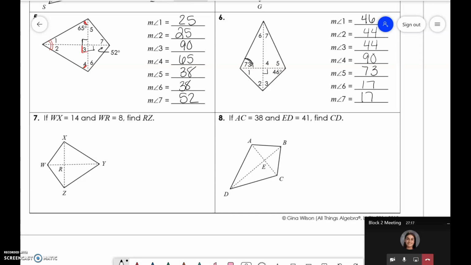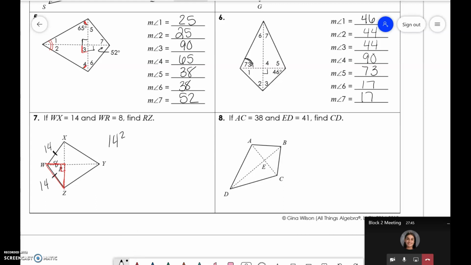So down here we have to deal with sides. WX is 14, WR is 8, and we need to figure out what RZ is. If we use the fact that these two sides are congruent to each other, because that's the property of a kite, we could then use this right triangle to find what RZ is.